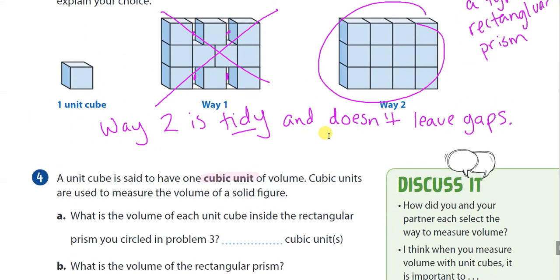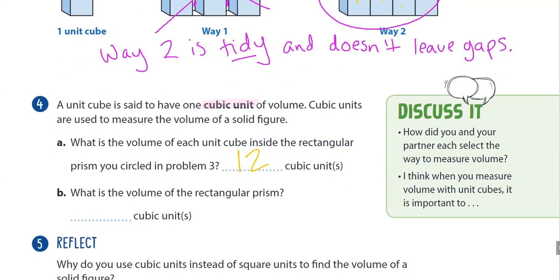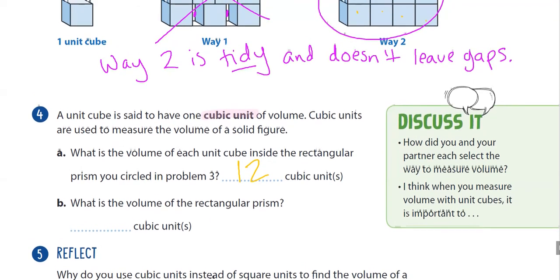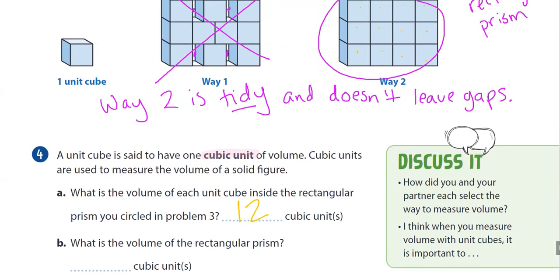So how many cubes are there? You can probably figure that out. Go ahead. You can see if you can beat me at it. 1, 2, 3, 4, 5, 6, 7, 8, 9, 10, 11, 12. 12. Did you beat me? I don't know. What is the volume of the rectangular prism? That's the same answer, right?